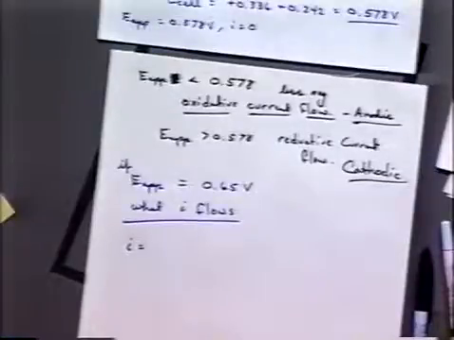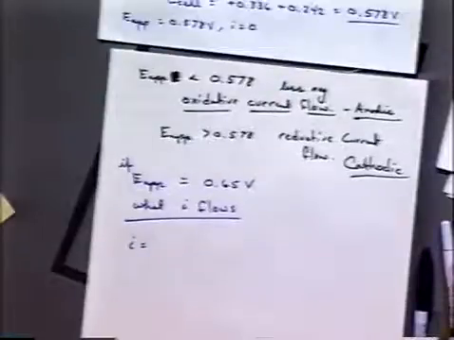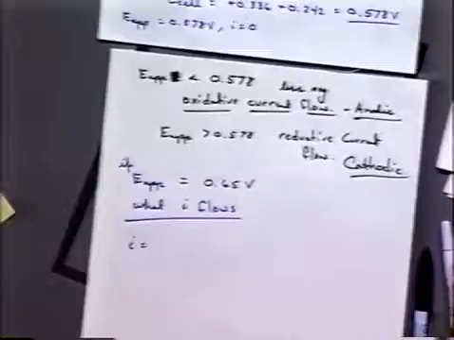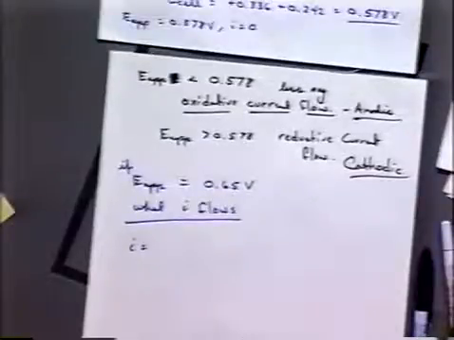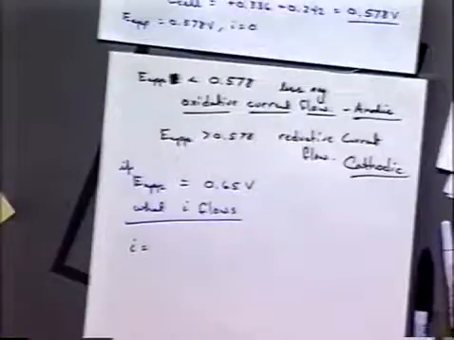And that electron transfer at the interface is a chemical change. So having a large amount of current flow is the same as having a large amount of chemical change. So current flow and amount of chemical change are directly related.